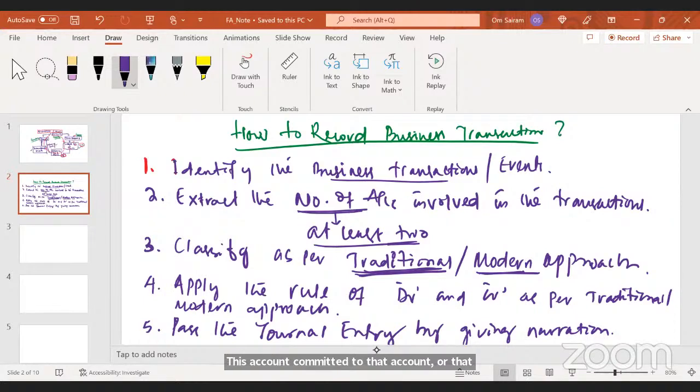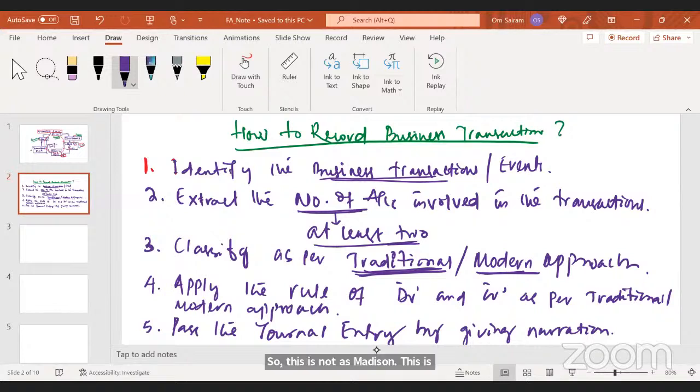So dear friends, please remember what is narration. Narration is the brief description about the original transaction, because in the past step we have already taken the original business transaction. This is known as narration.